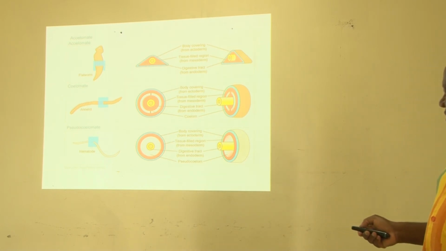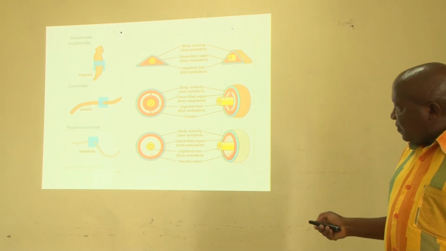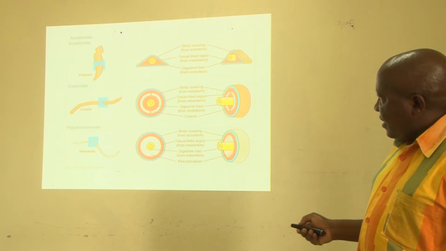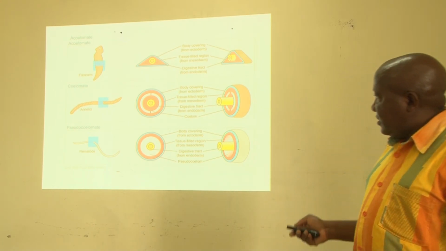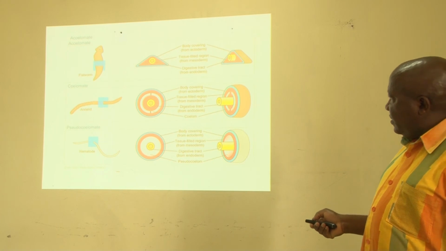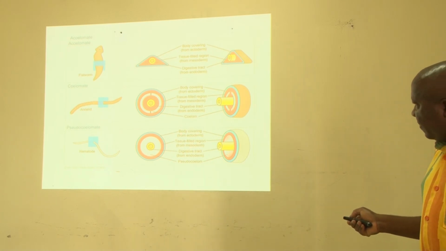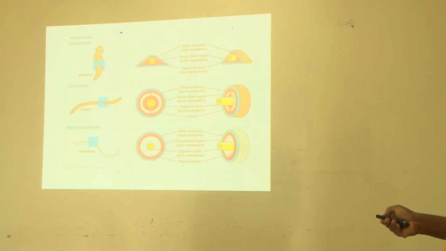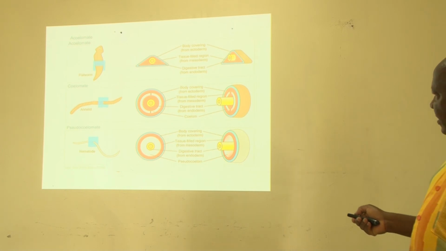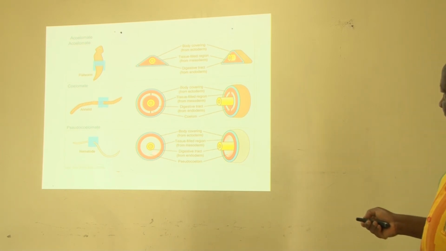And those which have a false body cavity mainly belong to the phylum Nematoda, such as Ascaris, as you see in the diagram. These have a body covering also from ectoderm, a tissue-filled region from mesoderm, a digestive tract from endoderm, and a false body cavity, not a true body cavity.